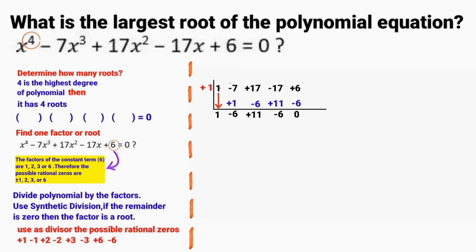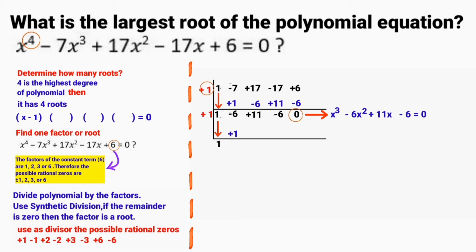Since the remainder is 0, 1 or x is equal to 1 is a root of the equation. The new equation is x cubed minus 6x squared plus 11x minus 6 is equal to 0. Again, let's divide it by the possible root, positive 1. Bring down 1. Positive 1 times 1 is equal to 1.